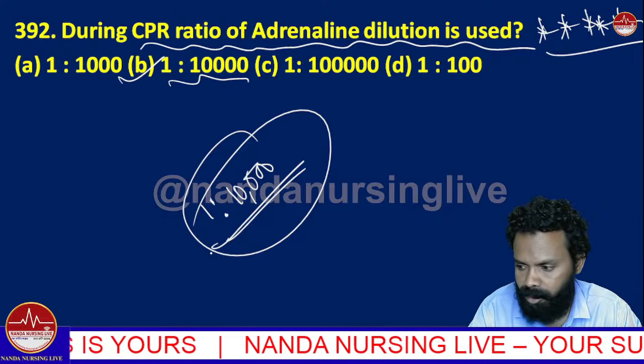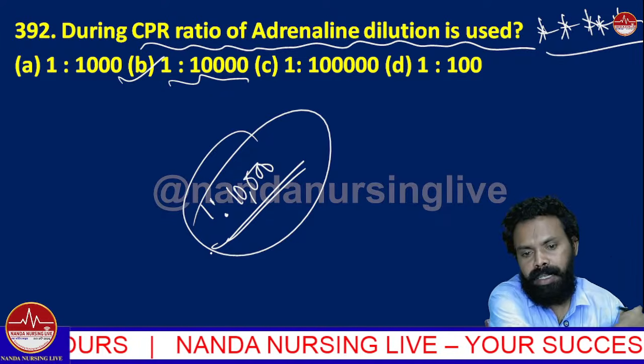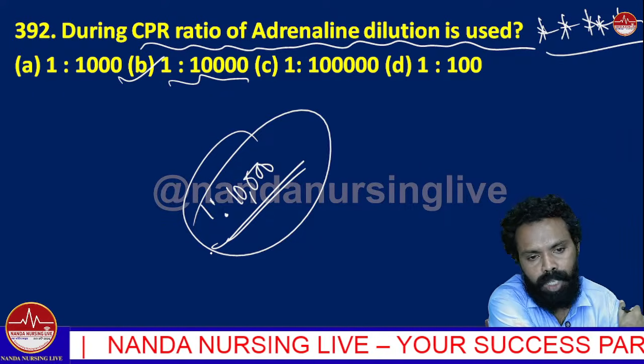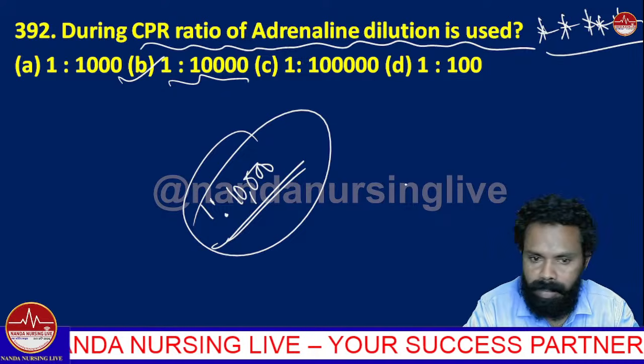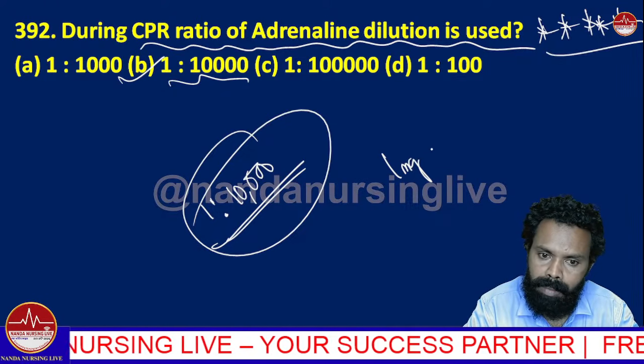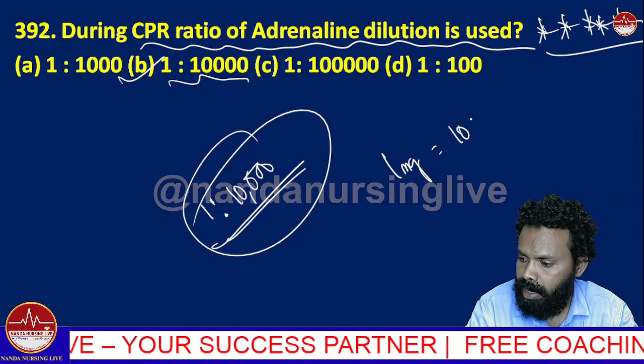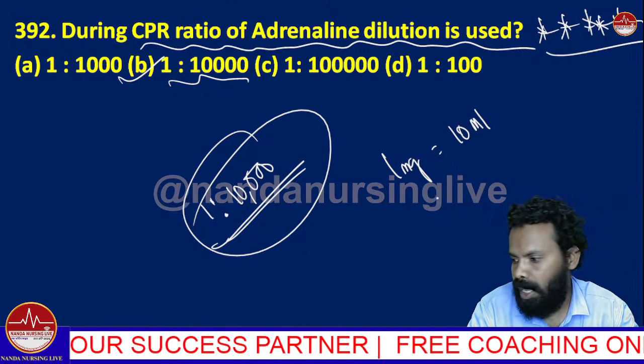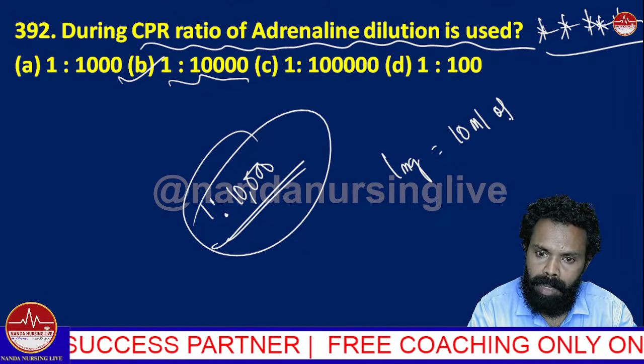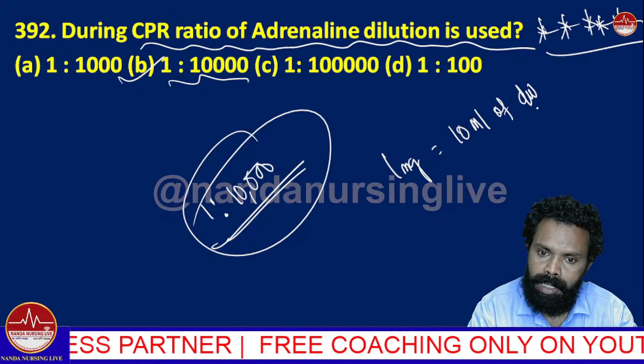This means every 1 milligram of adrenaline is diluted with 10 milliliters of solution, 10 ml of distilled water, right?